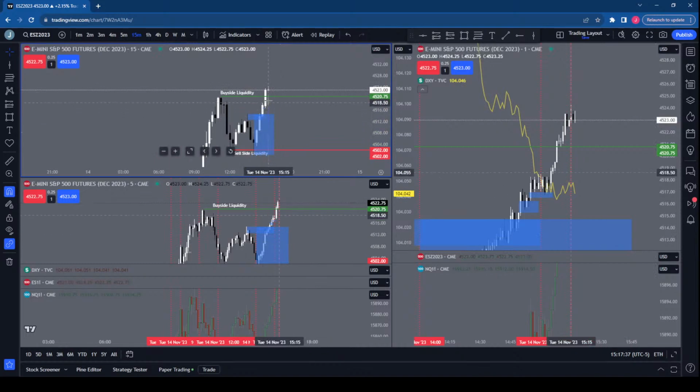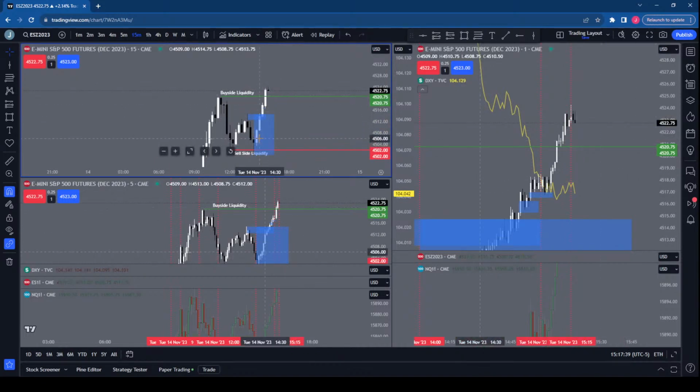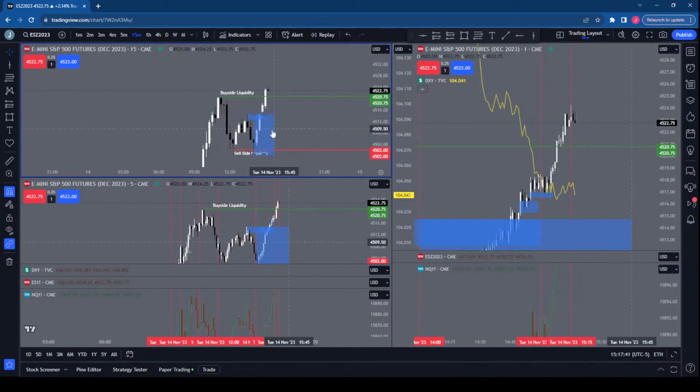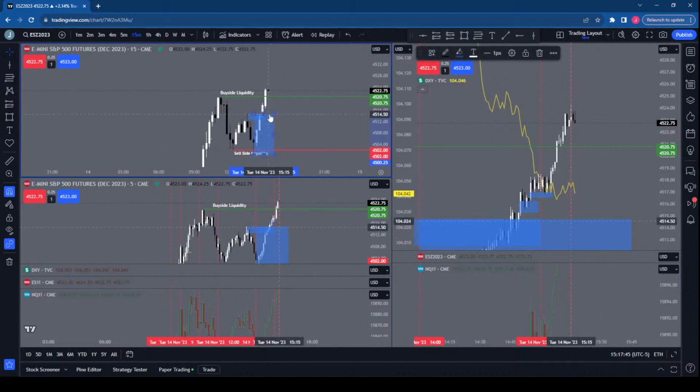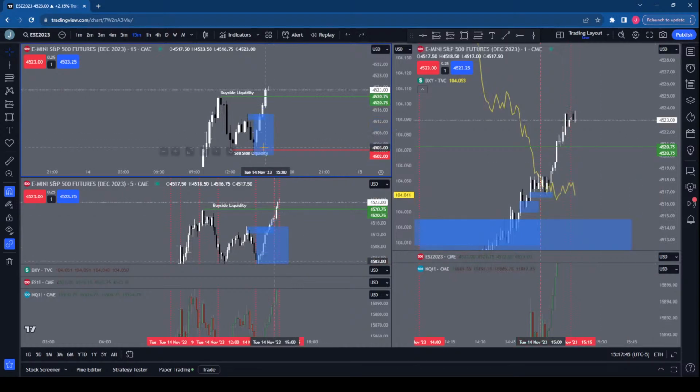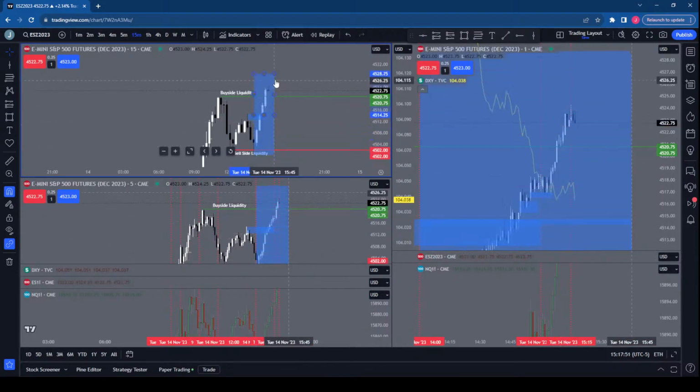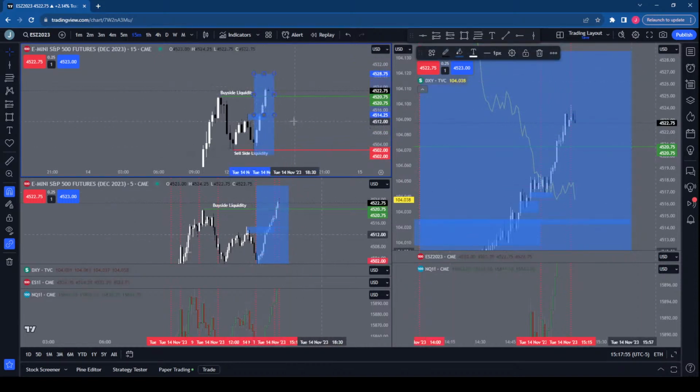Give me a second. I feel like my TradingView is not working. There we go. You take that zone and you double it.